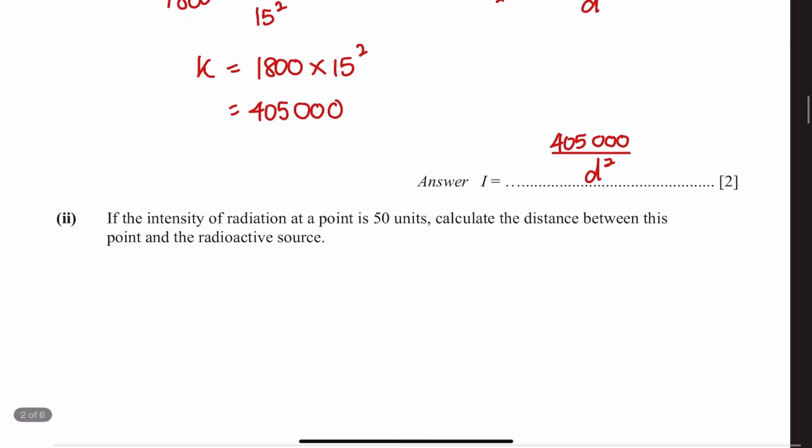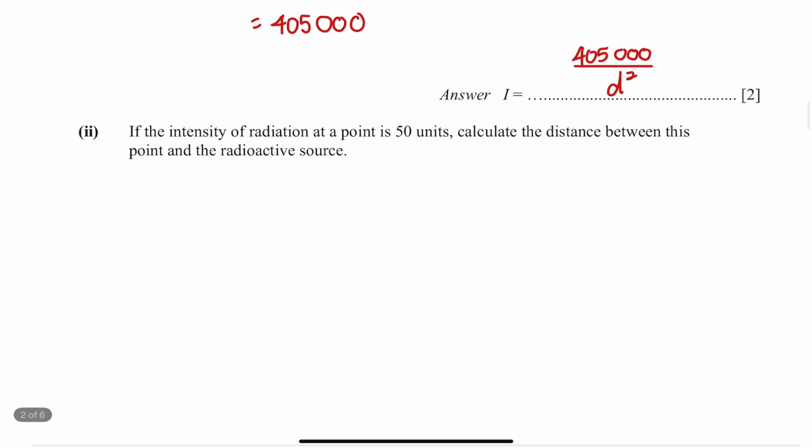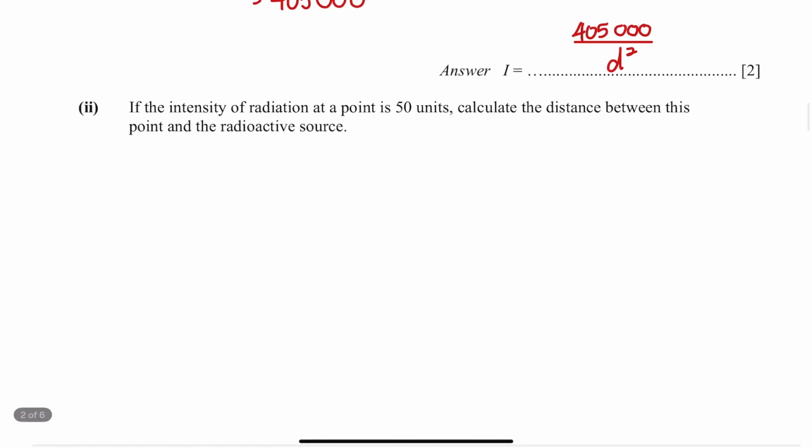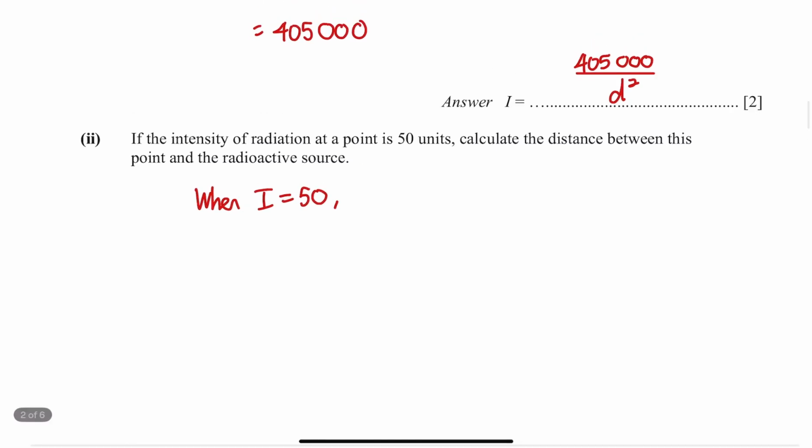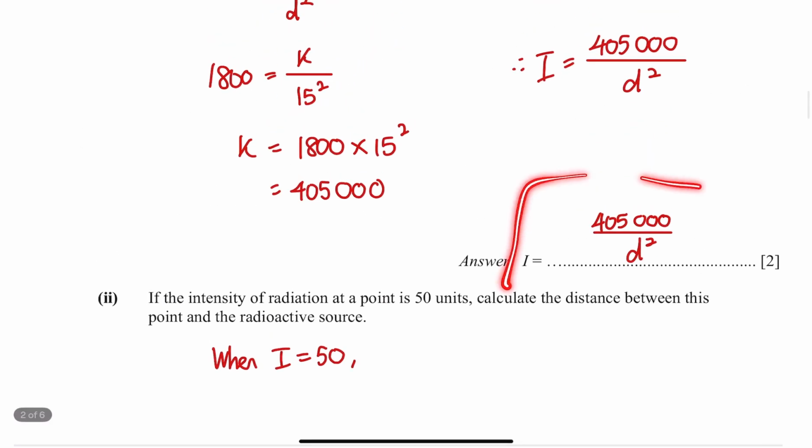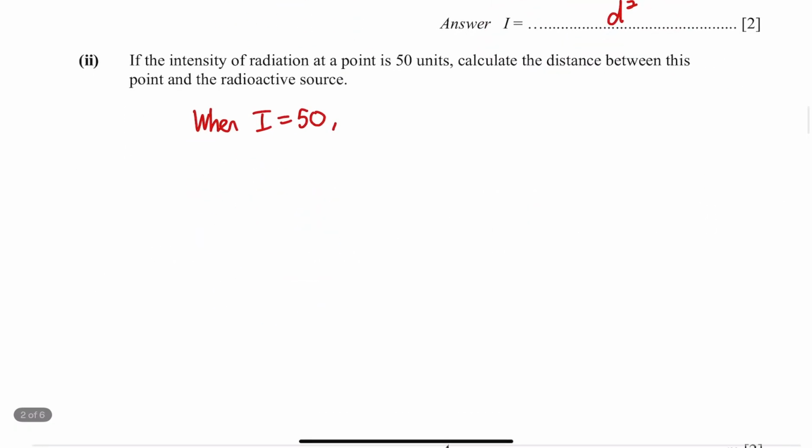Okay, let's now look at part 2. If the intensity of radiation is 50 units, determine the distance between the point and the radioactive source. So this just means that when I is equal to 50, I want to find d, the distance. So I sub into this equation here. When I is equal to 50, 50 is equal to 405,000 divided by d squared.